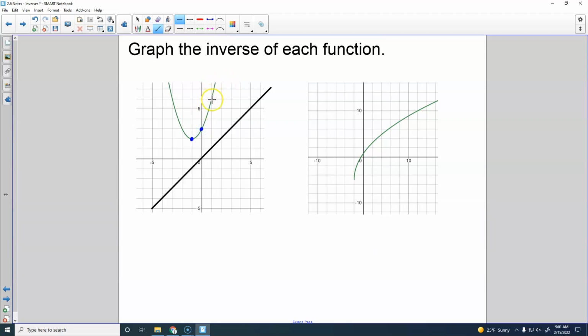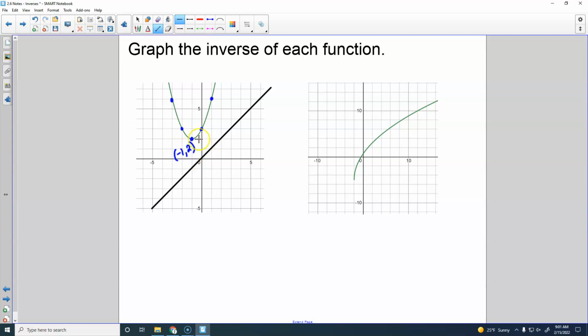So, since these are inverses, what it means is that every point that you have is going to have that inverse point on that inverse graph. So, if we look at this point right here, it is at negative 1, 2.